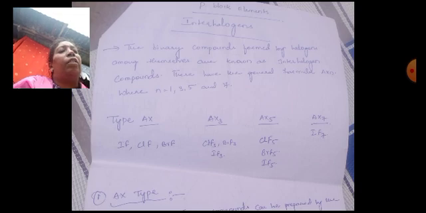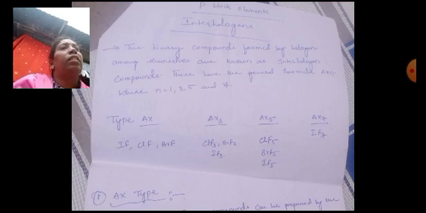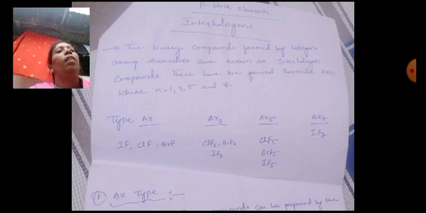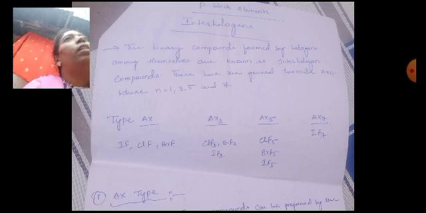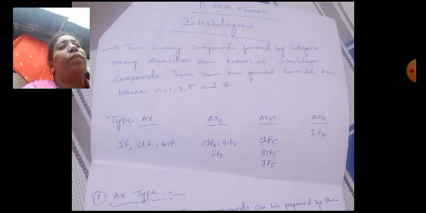AX5, one halogen is A, and five of the other halogen, X5. AX7, one halogen is A, and seven of the other halogen, X7. So we'll go to the detailed examples of these.